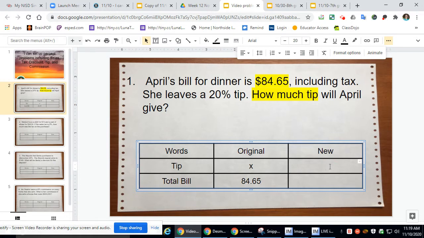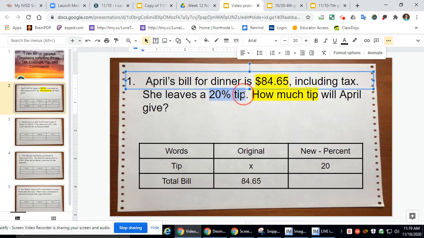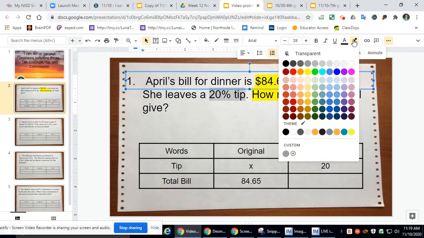Now, let's talk about the new information. We know that the tip is 20%. Typically in the new information, we are going to put the percent information. It says it's a 20% tip, so we're going to put 20% or 20 in the tip section. Now, let's talk about percent as a whole.